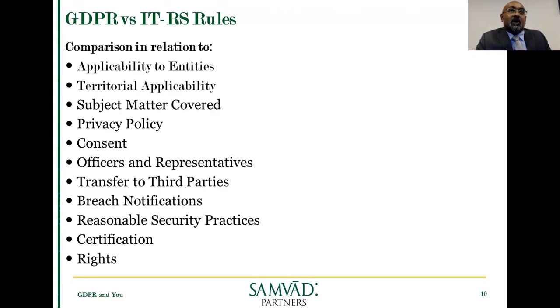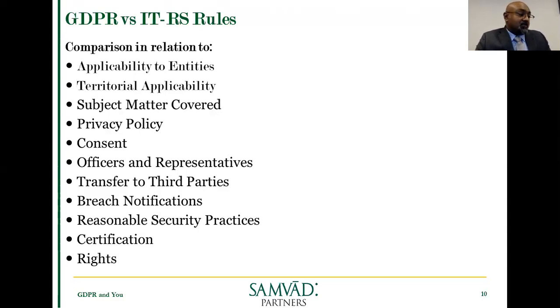All right, then let's move on from subject matter to the concept of the privacy policy itself, which is an obligation which is placed under the ITRS rules. The ITRS rules does have a provision which relates to privacy policy. This is the provision by which most companies are following statutorily when they put up a privacy policy online on their websites and such like, whether consciously or unconsciously. Most companies are abiding by this particular aspect of the ITRS rules when they're putting up a privacy policy.